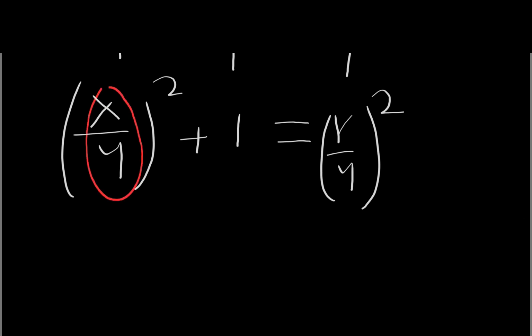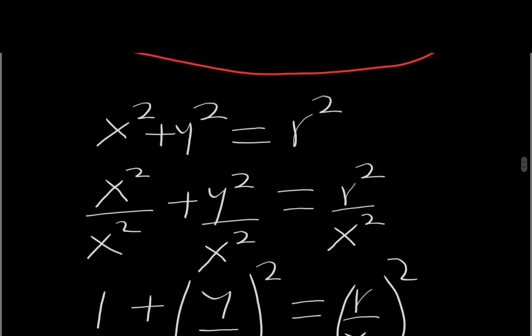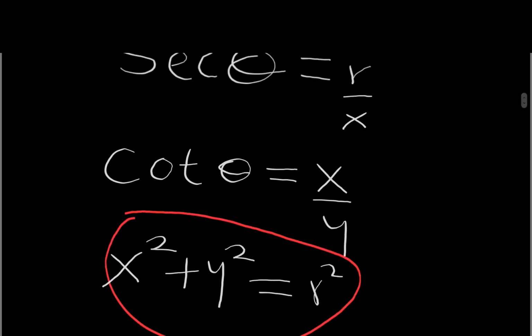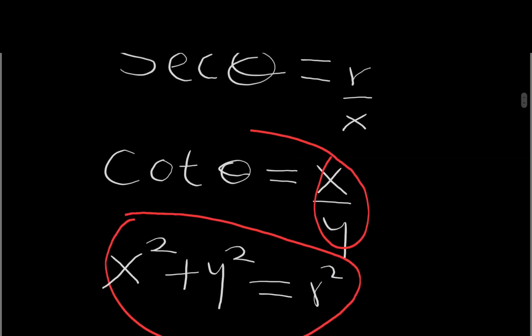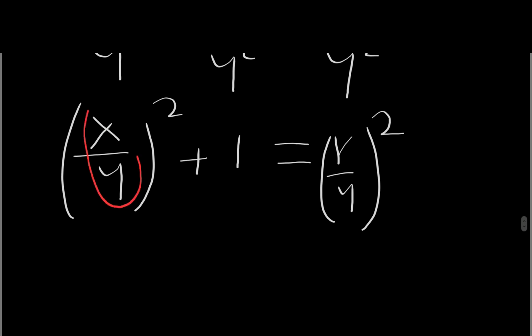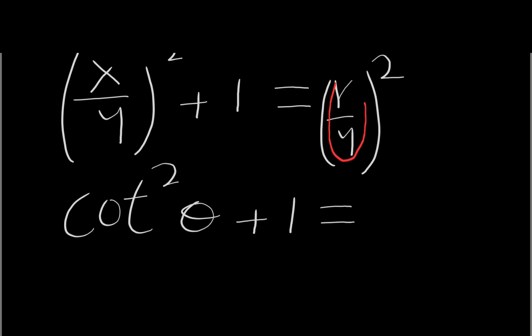What is x over y? Let's check it. X over y. Let's check it. So x over y, as you can see, is cos theta. Therefore, in place of x over y, I will have cos squared theta plus 1, and this will be equal to r over y squared.